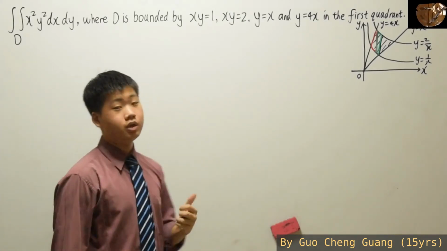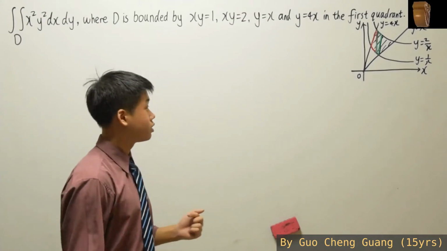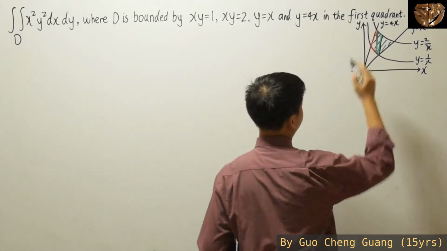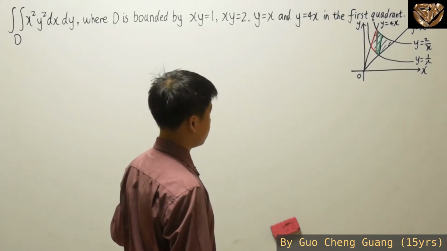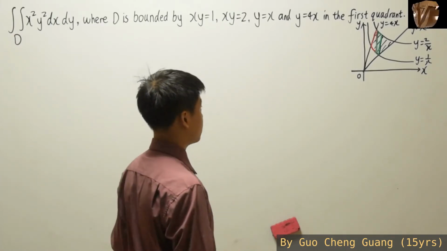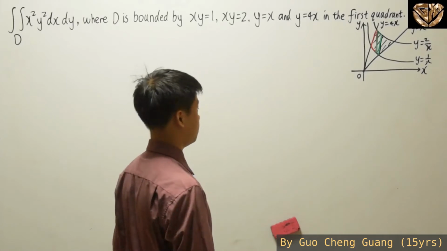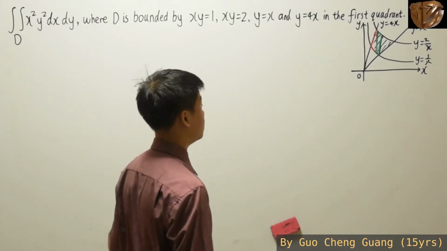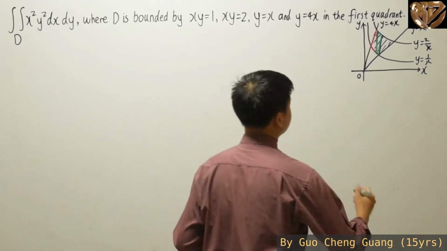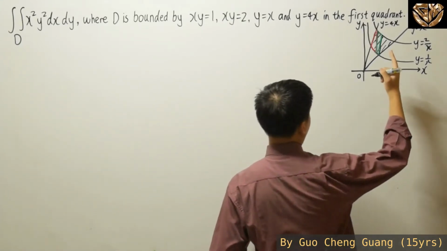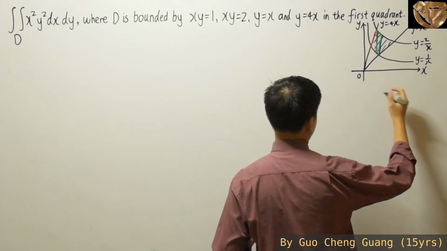Now, to determine the coordinates. This coordinate over here is where y is equal to 1 over x intersects with y is equal to 4x, which means you take 1 over x and let it be equal to 4x. So when 1 over x is equal to 4x, that means 4x squared is equal to 1.